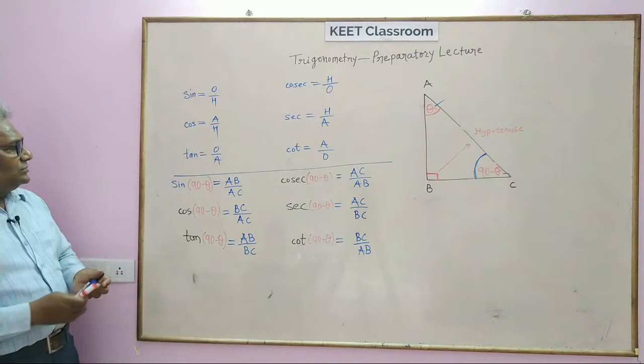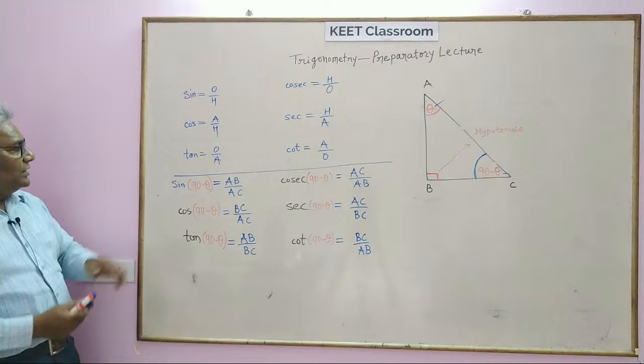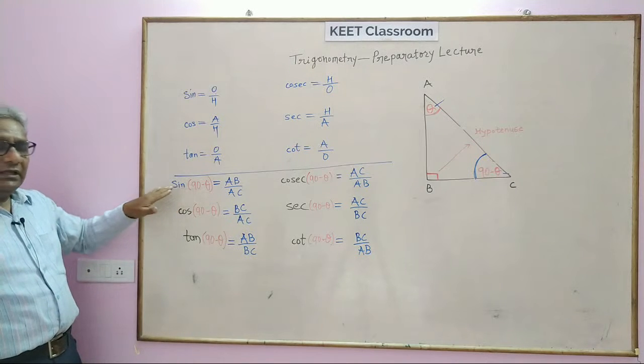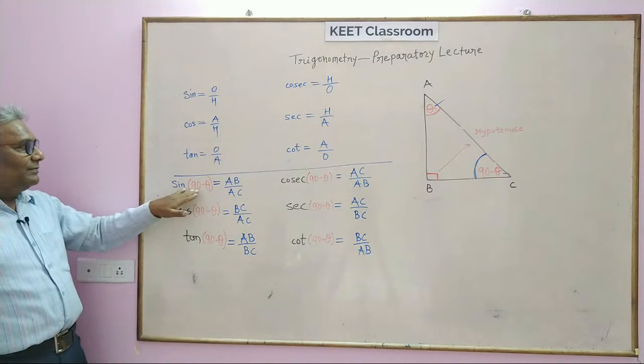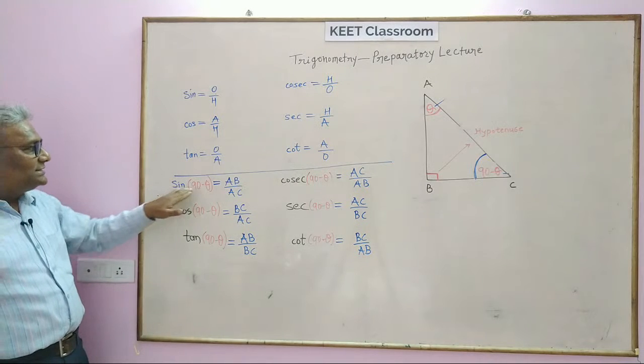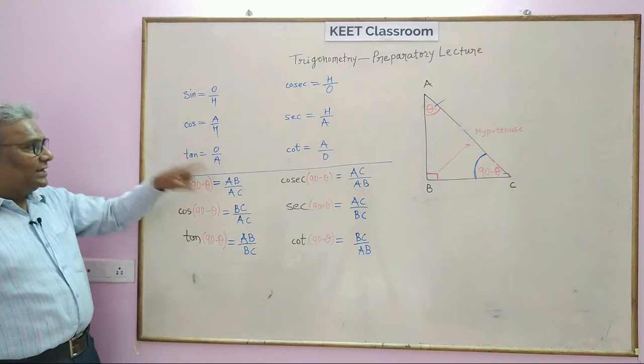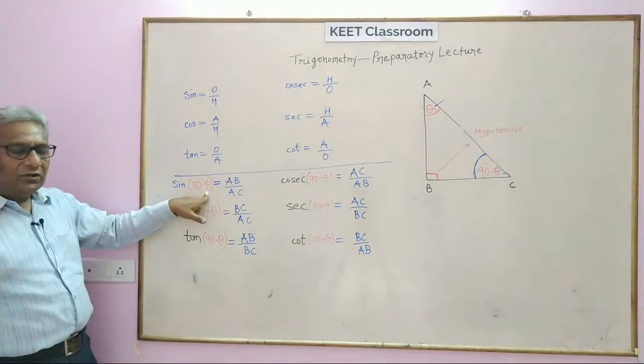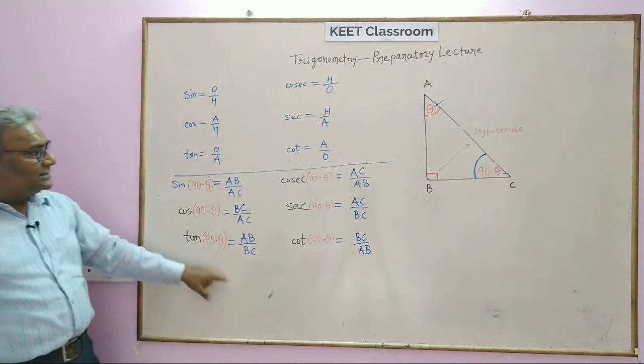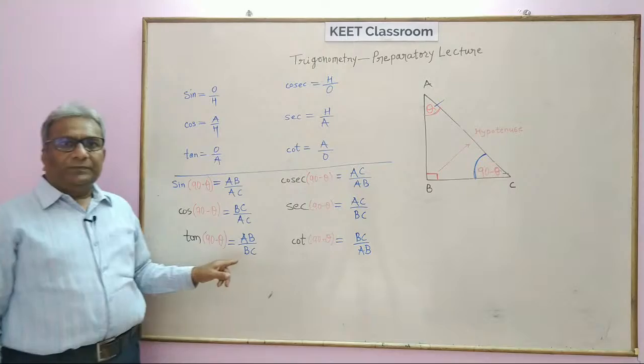See, now you try to remember this thing, how we are replacing the angle with its measure. So sine 90 minus theta, previously we have written it is sine C. Now what is C? It is an acute angle. So 90 minus theta is also an acute angle, and we get the 6 different ratios.